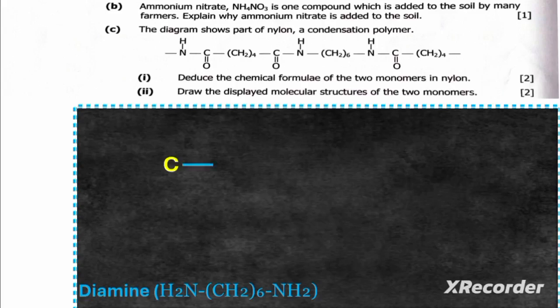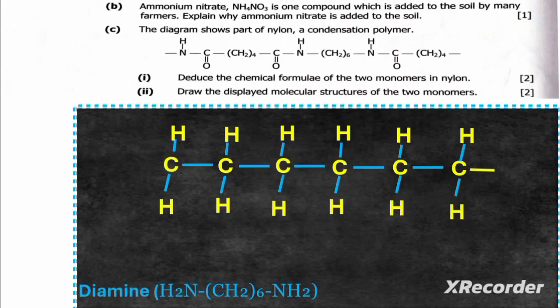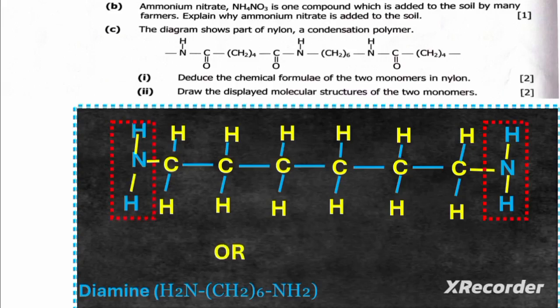To draw the structure of diamine, we are going to start with the (CH2)6. Each carbon is surrounded by 4 bonds. Or we can draw it like this.